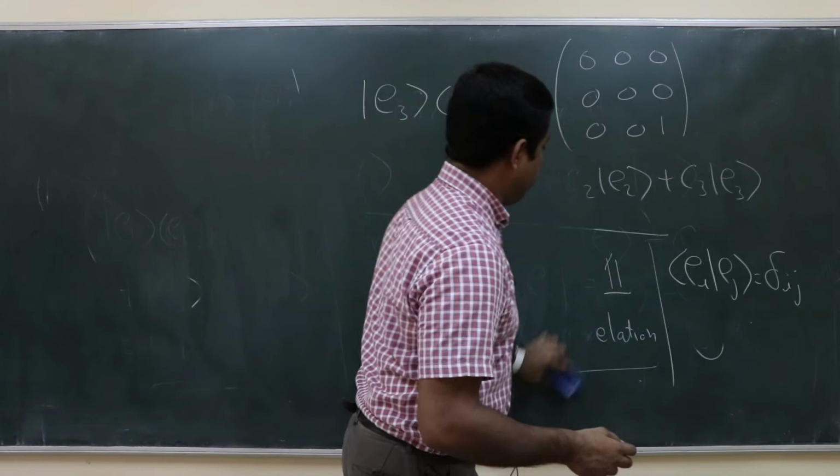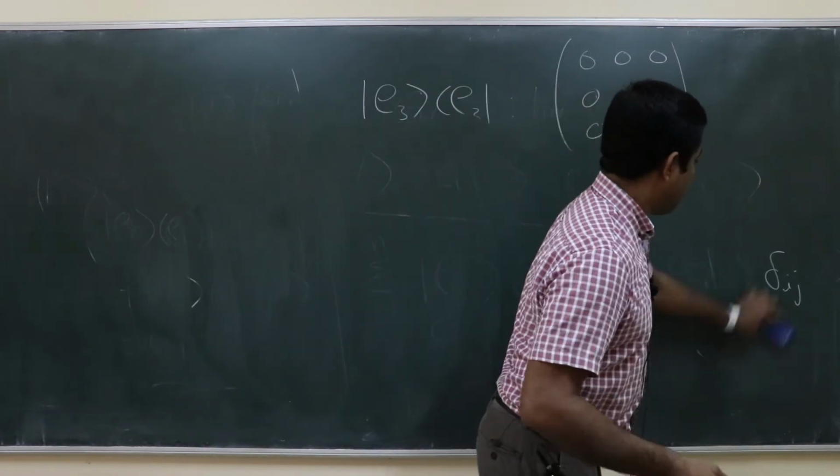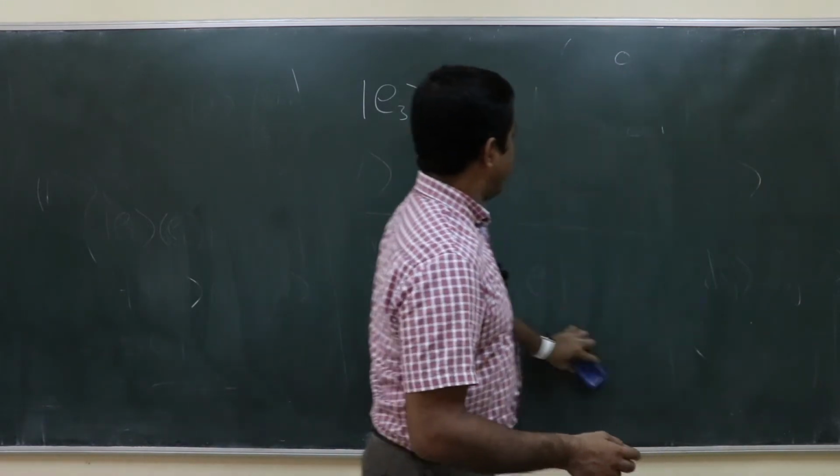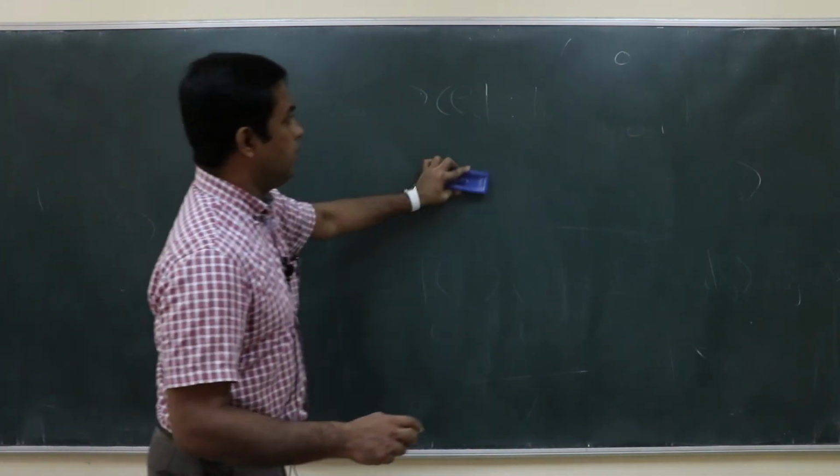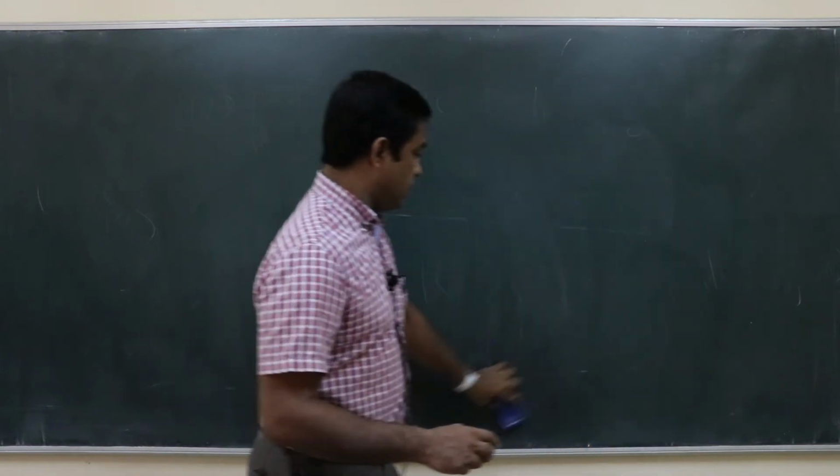Then how do we make them an orthonormal basis? Why do we need an orthonormal basis? Because if it is an orthonormal basis, the calculation will be simple and easy, as you will see shortly.